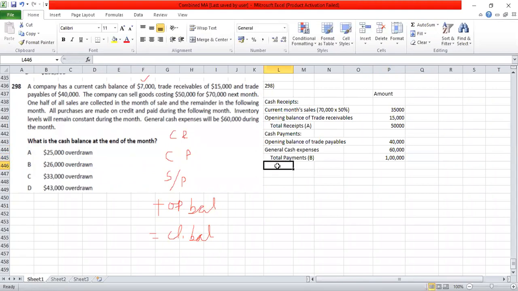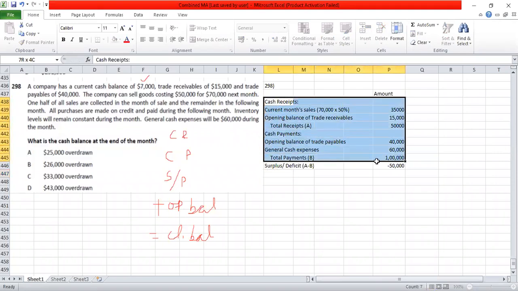Now find out what is surplus or deficit. How do we get that? We just deduct A minus B to get surplus or deficit. So the total receipts is 50,000 minus the total payments is the deficit. We also have the opening balance. You can write it here, opening balance of cash.